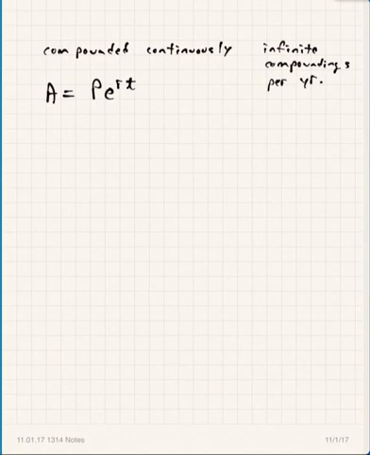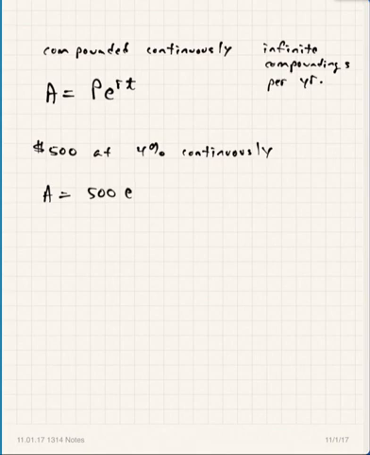So in a problem where you have interest, let's say we have our same $500 that we just invested, but we invest it at, let's say, 4% compounded continuously, then this problem becomes A equals 500 times e raised to the R, which would be 0.04.